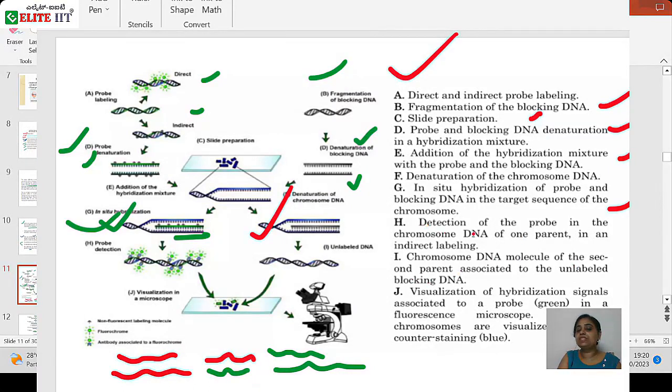The first one is detection of the probe in the chromosome DNA of one parent. So you are using a probe against this one parent, labeled with a fluorescent compound. Whereas if you consider this is the green parent, another parent genome, you are preparing a probe.